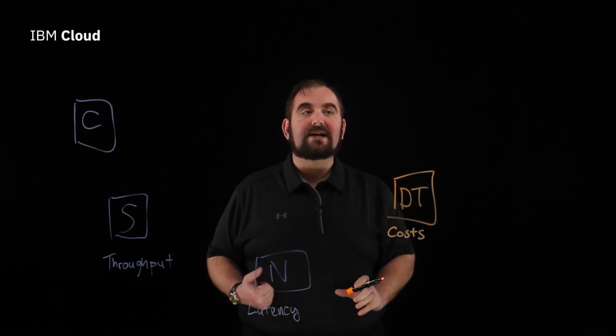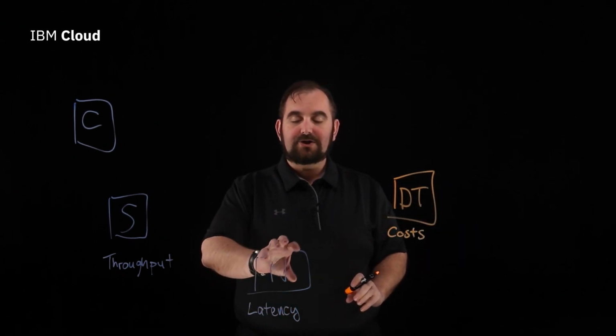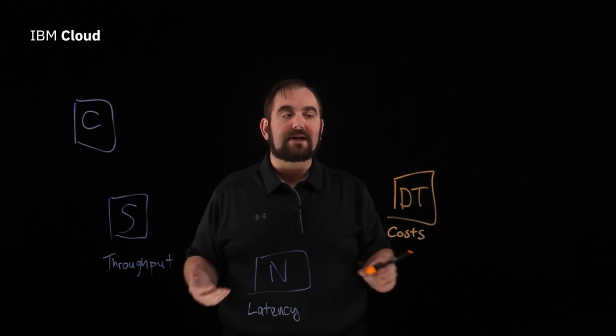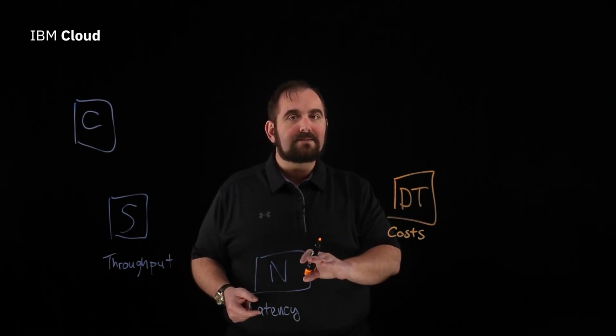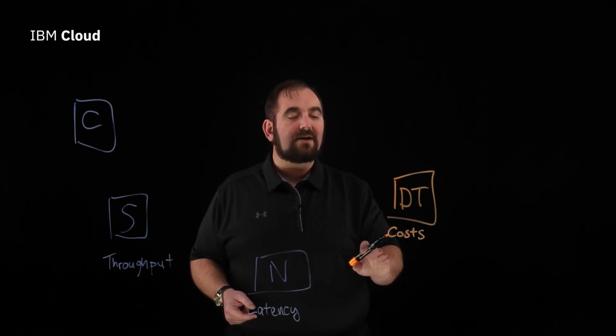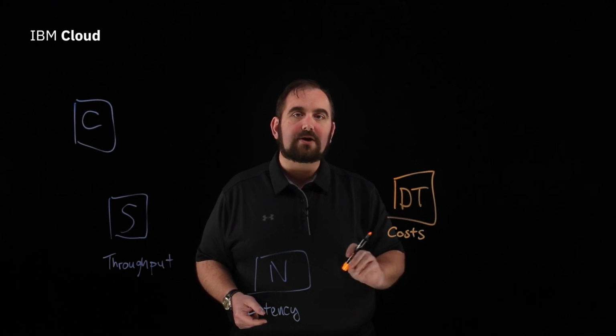That first one, and I'm going to put it over here, I'm going to call this DT for data transit. Because not only does your network matter for moving things around and making sure that you've got low latency and high performance, but when it comes to cost, moving data comes at a cost. You always have to evaluate what that data transit cost is going to be.